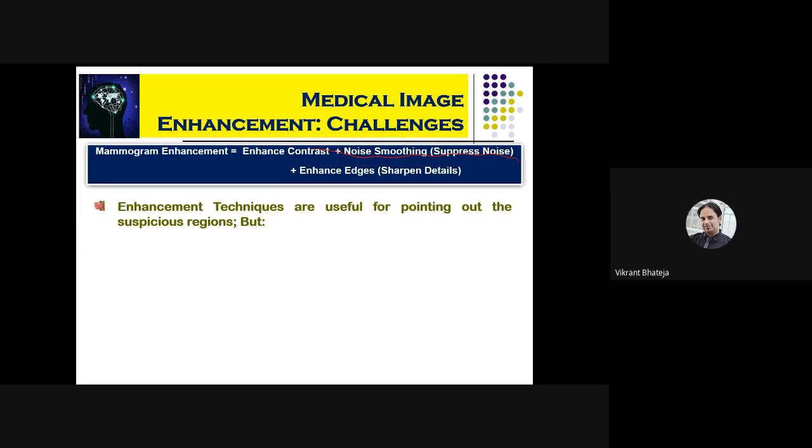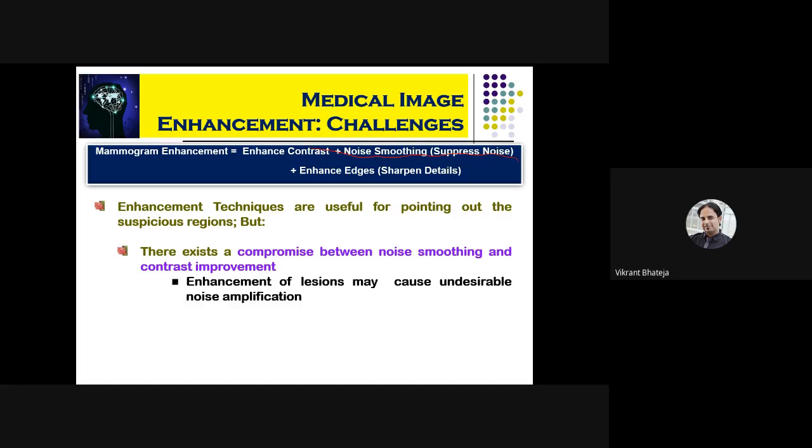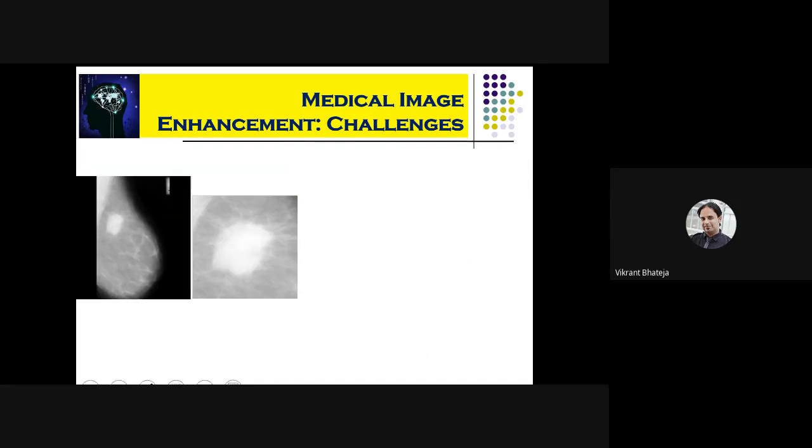That is, it should improve the contrast, it should improve the sharpening, and it should also suppress the noise during the enhancement of contrast and edges, right? So there is always a compromise between noise smoothing and contrast enhancement. There is always a compromise between noise smoothing and edge enhancement.